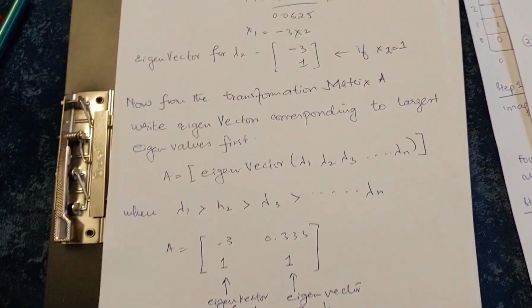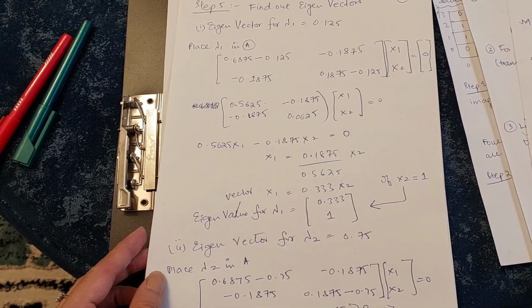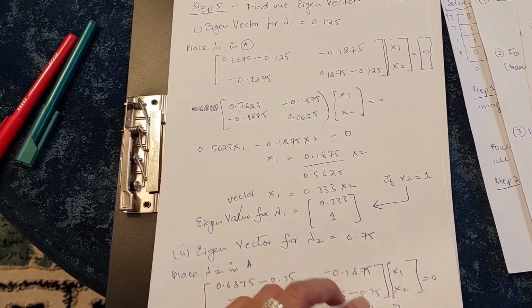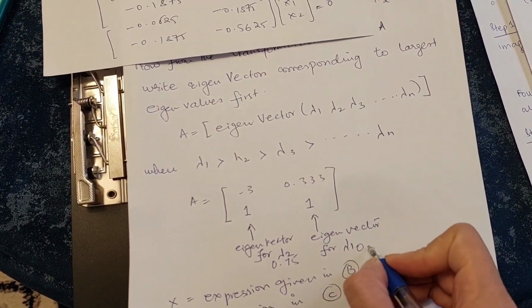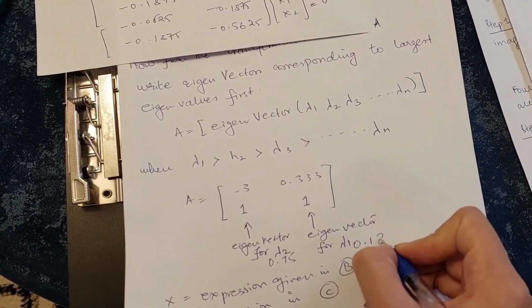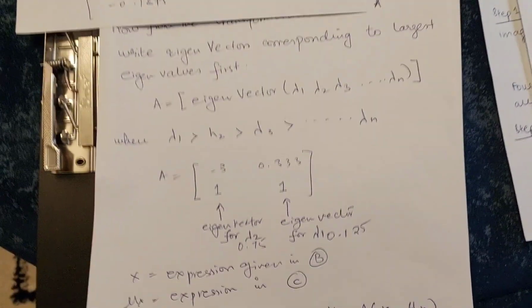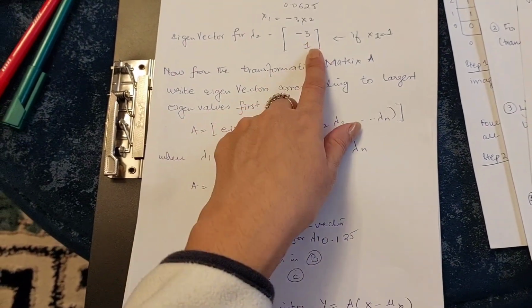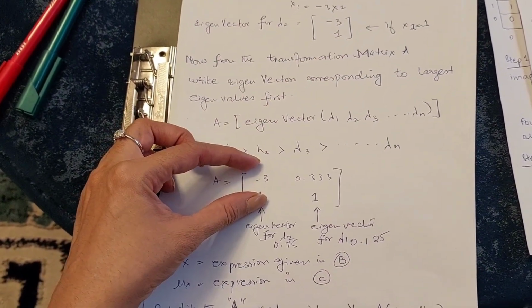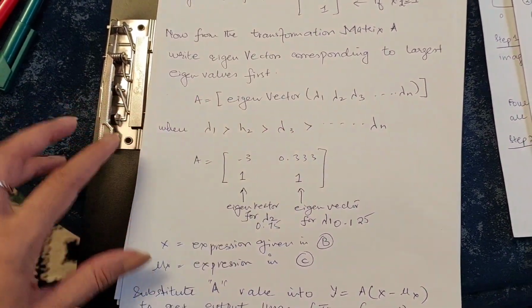If I recall, that eigenvalue was 0.75, and the other eigenvalue was 0.125. Because this eigenvalue was large, I placed its eigenvector in the first position, and the eigenvector of the small eigenvalue is placed in the second position.